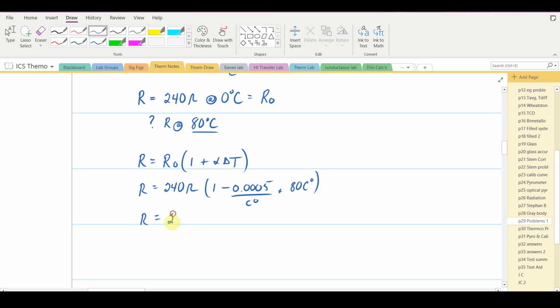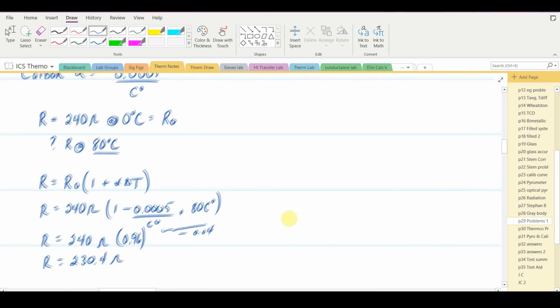So R is equal to 240 ohms. Now 0.0005 times 80 works out to be minus 0.04, and therefore this subtracted from 1 is 0.96. R therefore is equal to 230, and I better carry an extra decimal here so I can distinguish, 230.4.